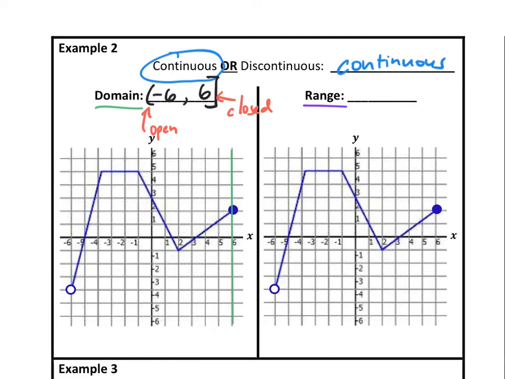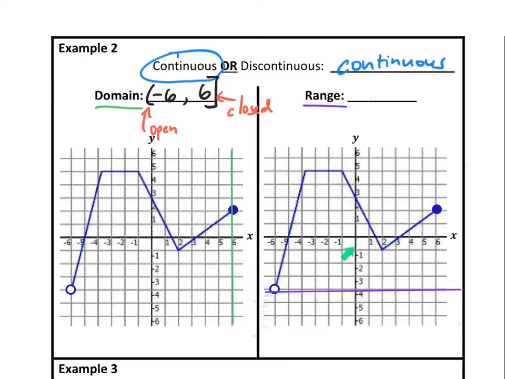All right, now let's look at the range. We're going to get our stick and draw a horizontal one and start scanning. All right, so here, as I'm scanning, remember, start from the bottom and scan to the top. What's the lowest point? Where do I start hitting the graph? At what number? And it looks like -4.